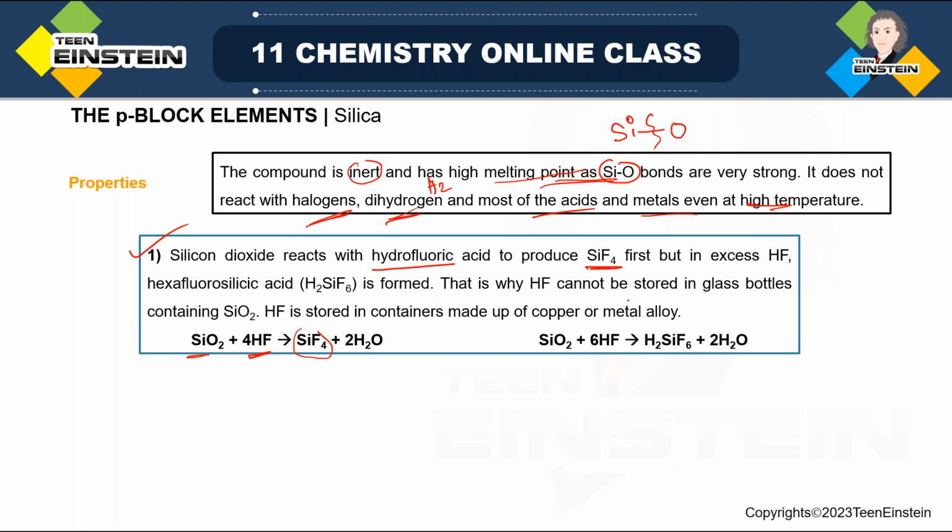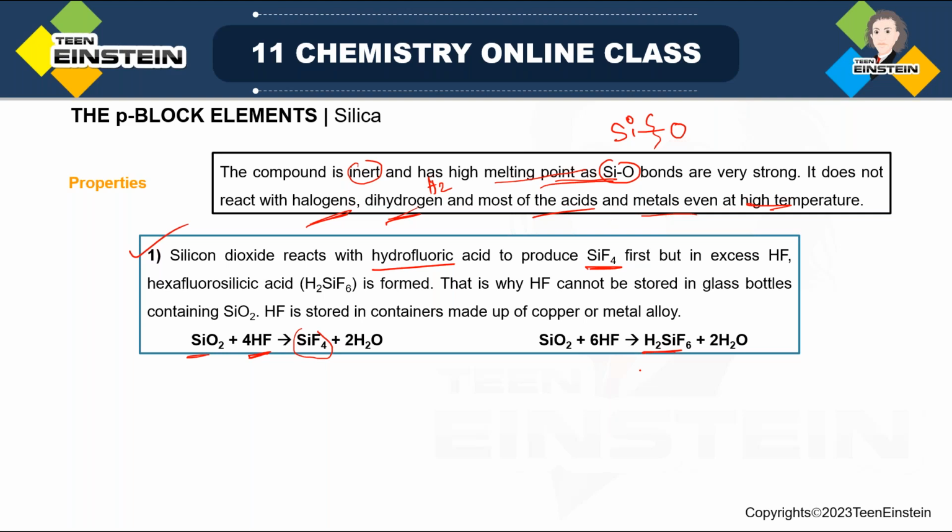But if there is excess of hydrofluoric acid, then there is formation of H2SiF6, which is hexafluorosilicic acid. So depending on whether it is a 1:4 mole ratio reaction between SiO2 and HF, or a 1:6 mole ratio, we can get different types of product.